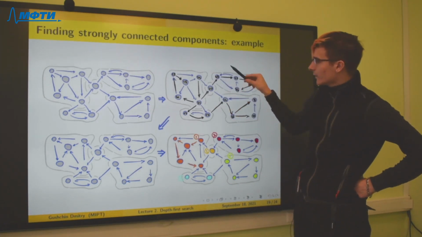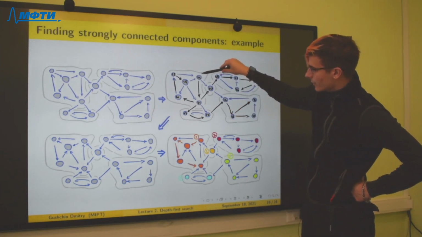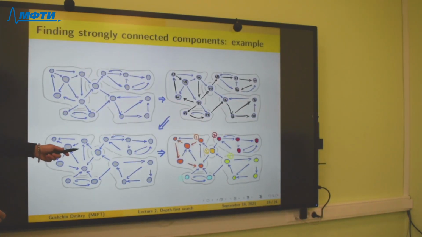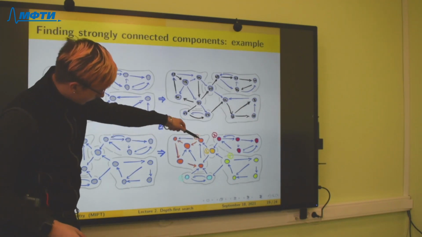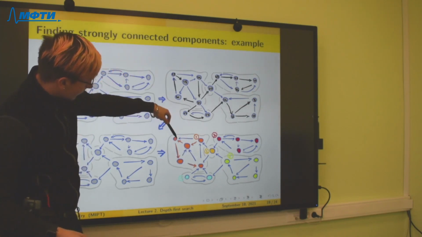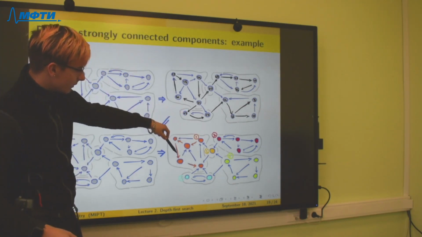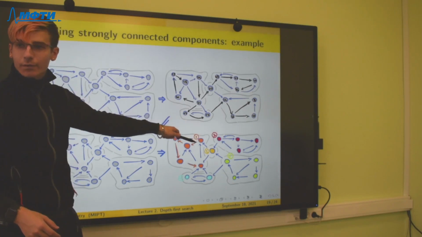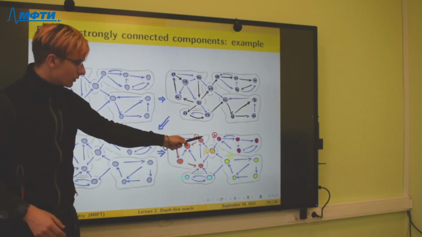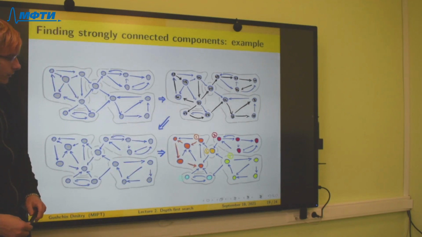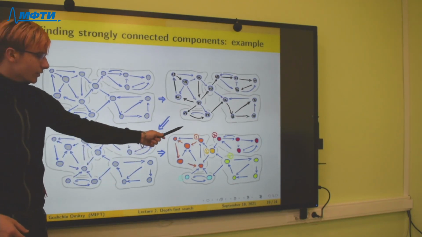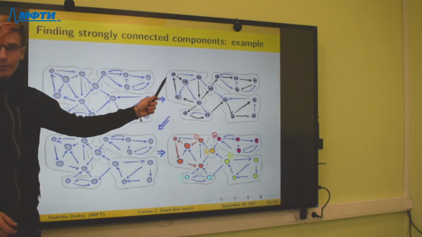Then we start with vertex 32. As you can see in the last figure, there are only 5 vertices that we can reach from this vertex in the new graph, and all of these vertices will be contained in the strongly connected component of vertex 32.